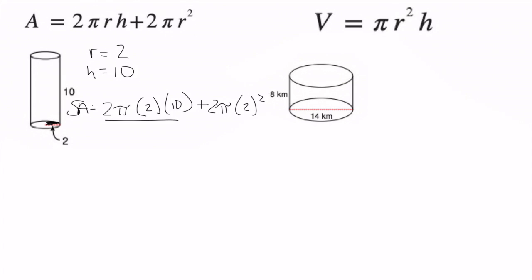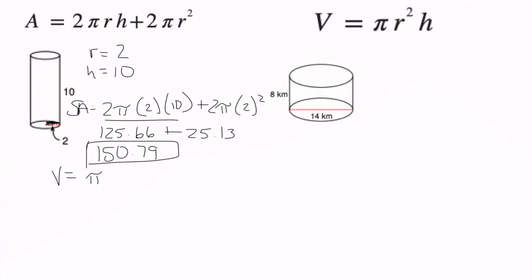If you plug that into your calculator, you should have gotten 125.66 plus 25.13, which gives us a surface area of 150.79. For volume, it's pi times our radius of 2 squared times our height of 10. Plug that into your calculator, you should have gotten 125.66.